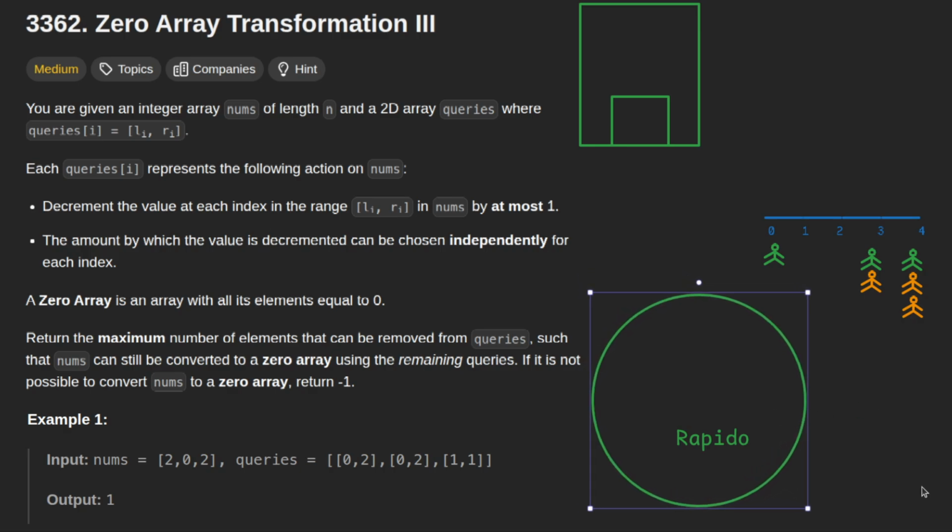Okay, so I have two passengers on index 0, no passenger on index 1, and two passengers again on index 2, right? This is what it is saying, waiting at index 2.